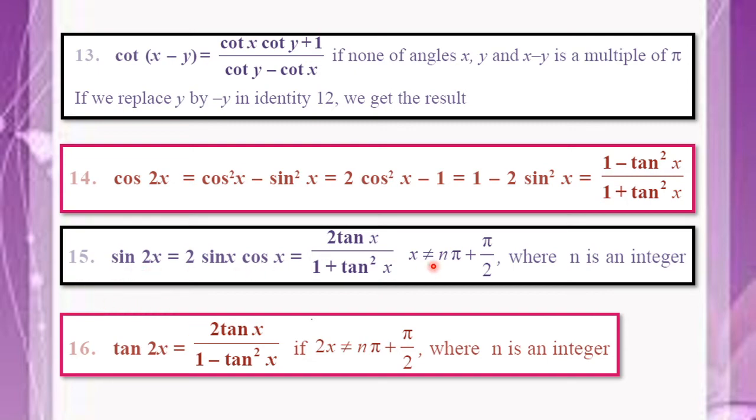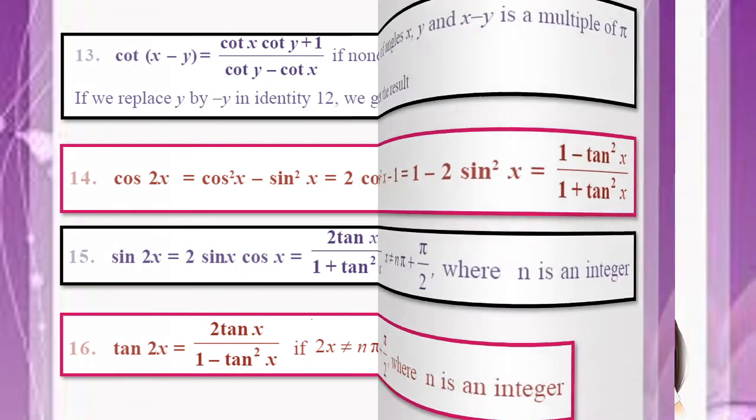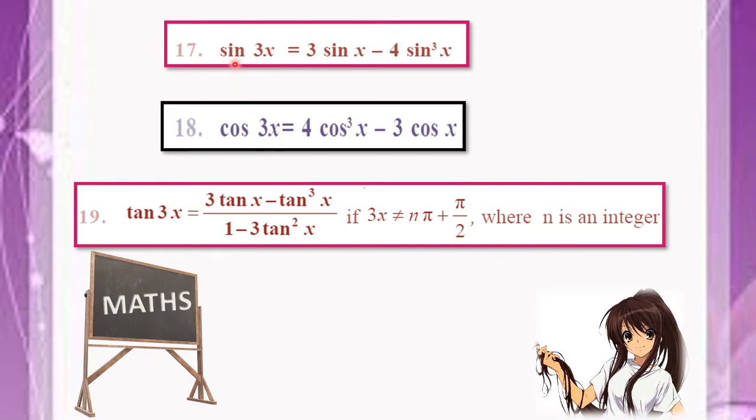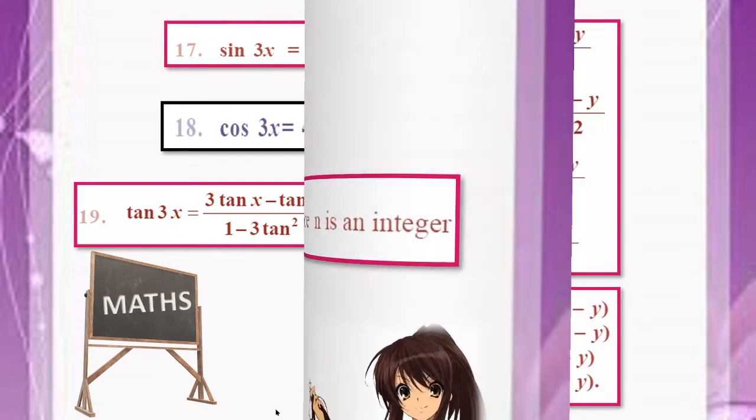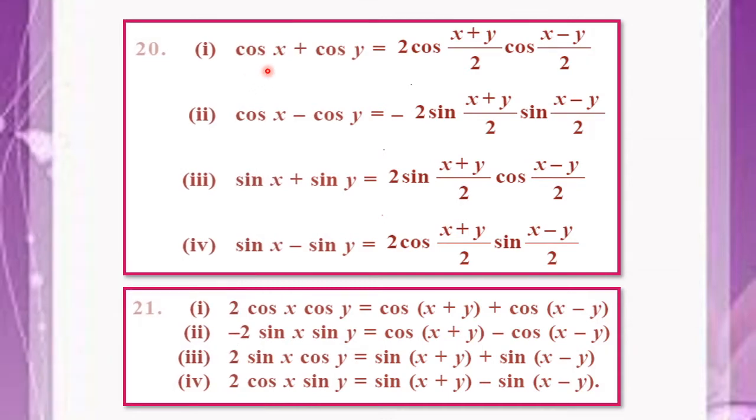Same way we have for sin 2x, then we have for tan 2x, then we have these three identities sin 3x, cos 3x and tan 3x. Then cos x plus cos y is equal to 2 cos((x+y)/2) cos((x-y)/2).